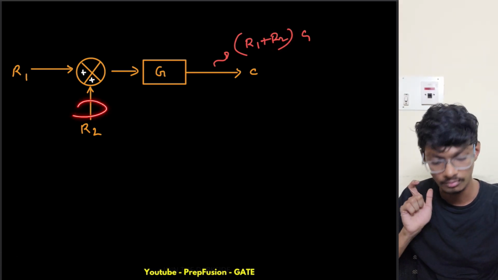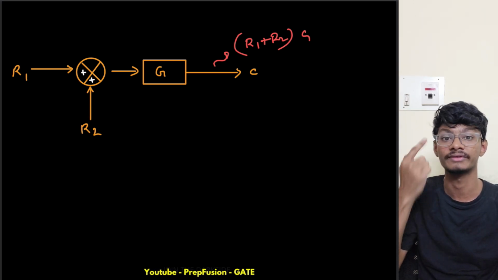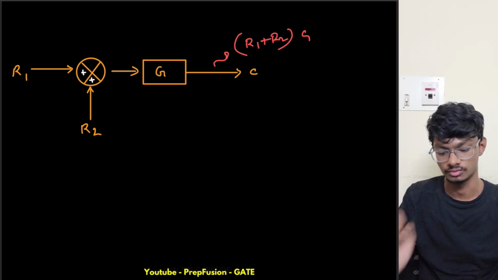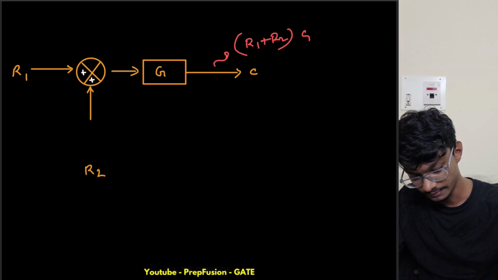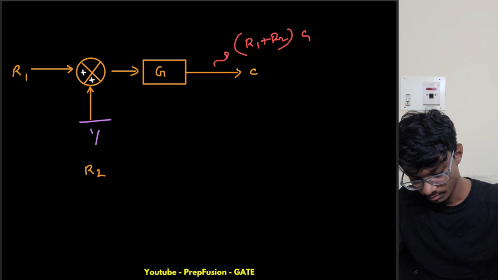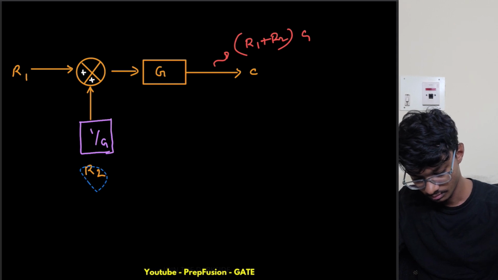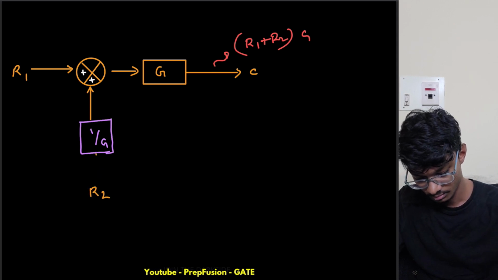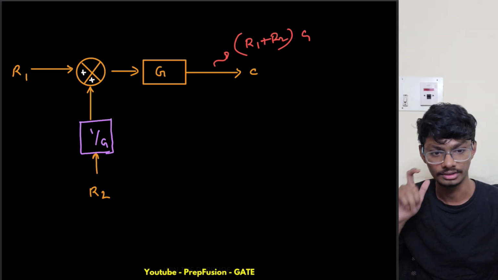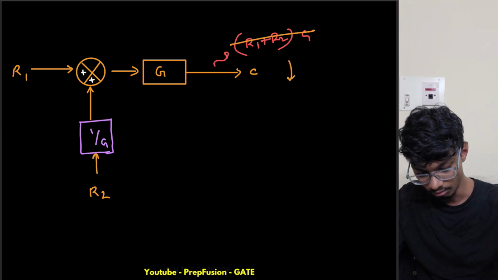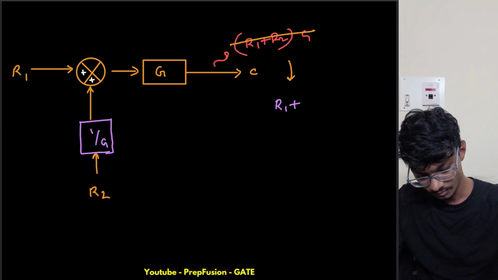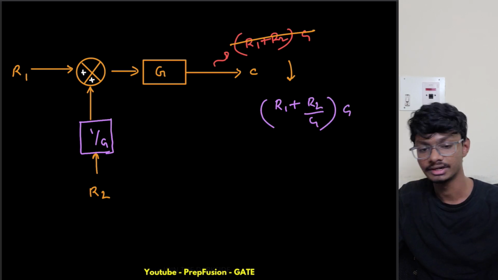What I can do is put a gain block here, and that will eliminate that. Now what will be the value of that gain block? It will be simply 1 by G. So if I put a gain block of 1 by G here, then our output will change to R1 plus R2 by G, times G. So we will get our desired output.